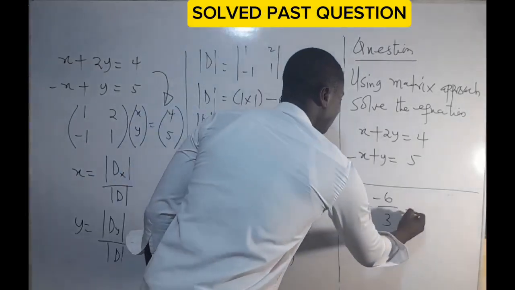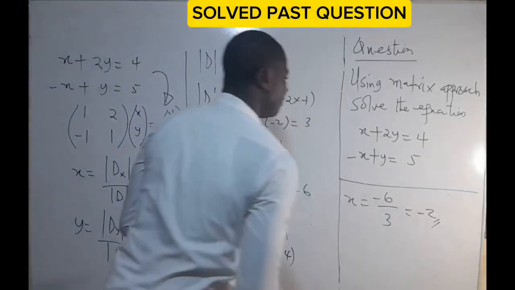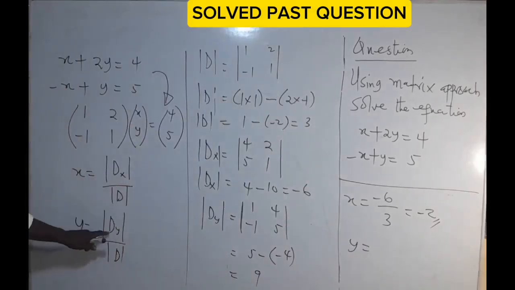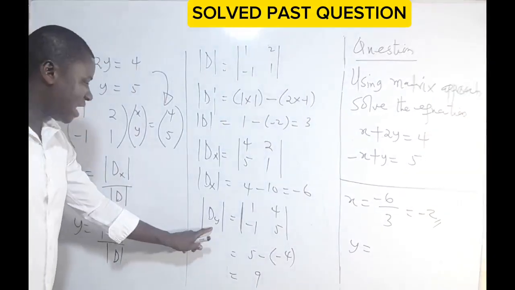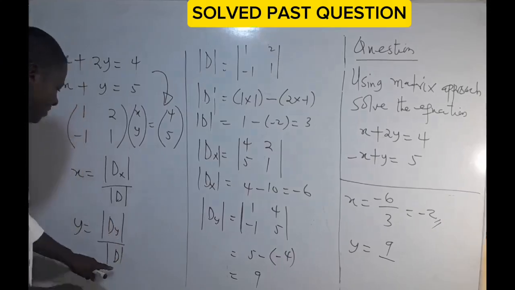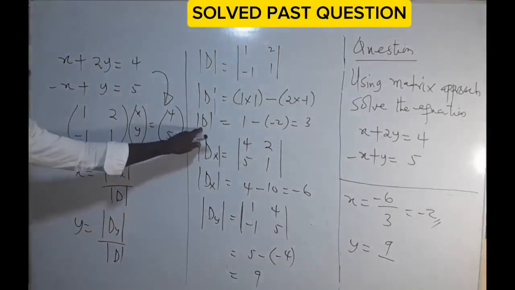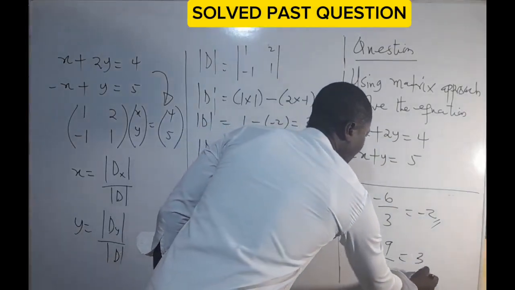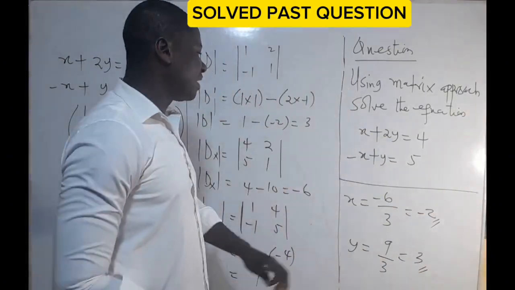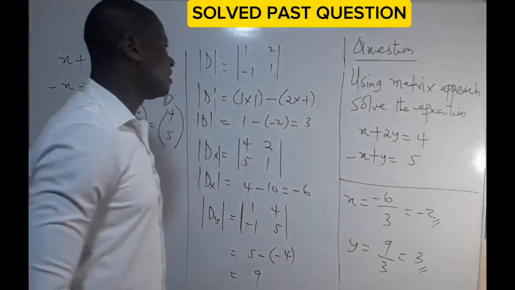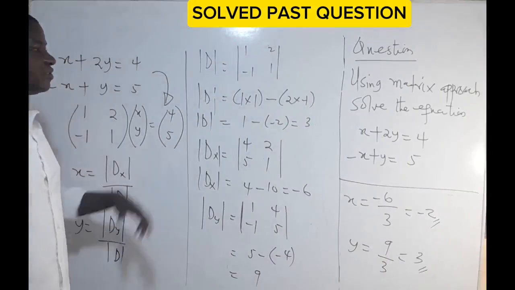So minus 6 over 3 will give us minus 2. So the value of x is minus 2. What about y? y is the determinant of dy, which is 9, divided by the determinant of d, which is 3. So 9 divided by 3 will give you 3. So it means that the value of x is equal to minus 2 and the value of y is equal to 3. So that's how we use the matrix approach to solve simultaneous equations.